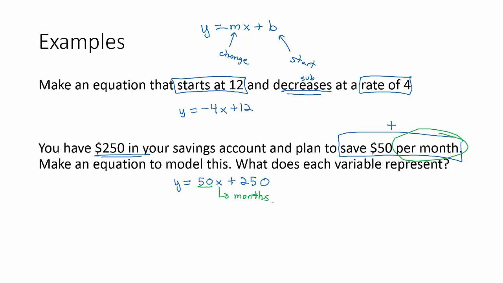If we get $50 per month and we add 250, that's going to give us the total number of dollars in savings. So now we know the total amount in the savings account is modeled by this equation.